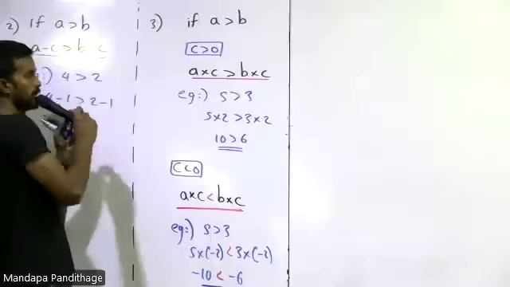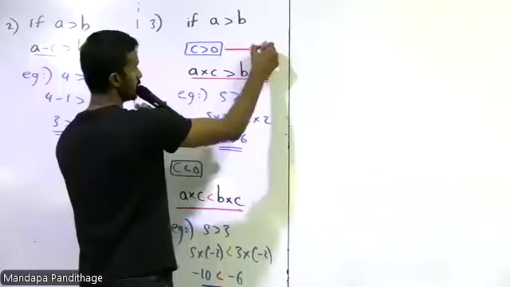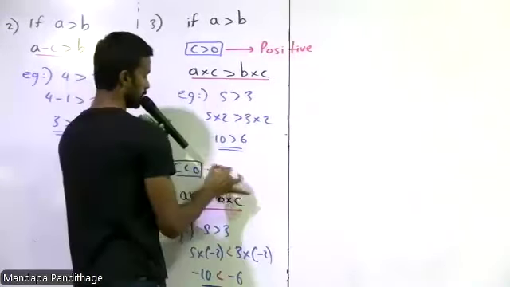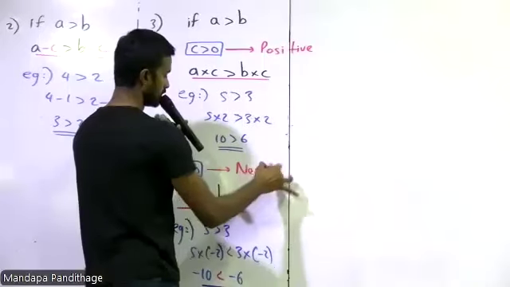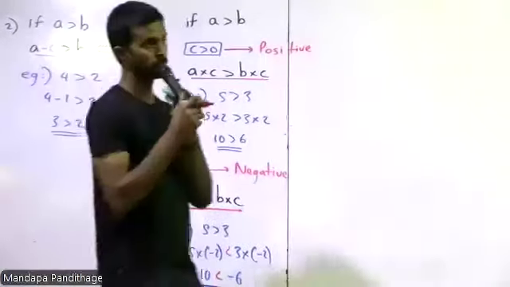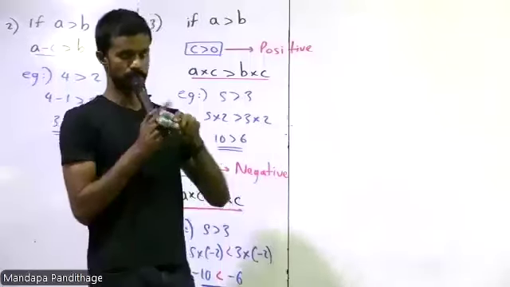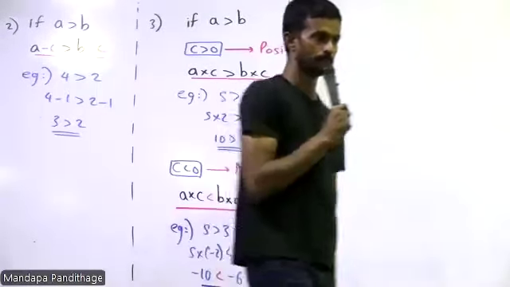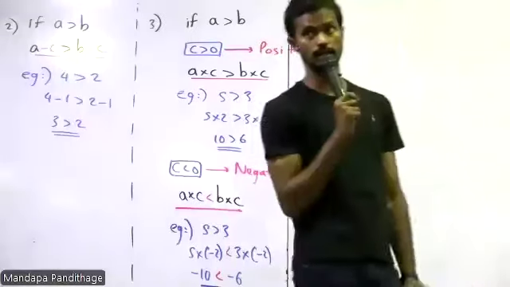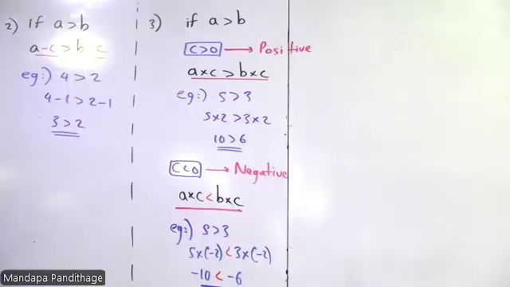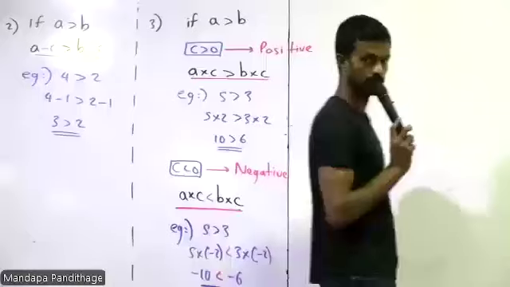Next line: if multiplied by a positive number, the sign remains unchanged. The sign remains unchanged.